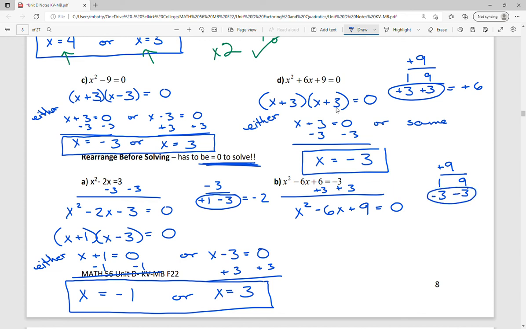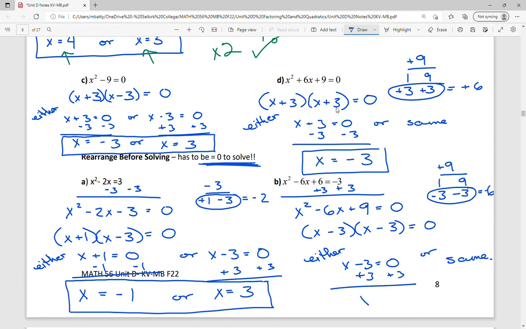Two -3's would add together to give me that -6, which is my B term. So that gives me the numbers that are in my binomial factors. And I would then apply the zero product principle. Either x minus 3 equals 0 or, whoops, the same. So this is like the one above. We only have one option, weirdly here. x equals 3.